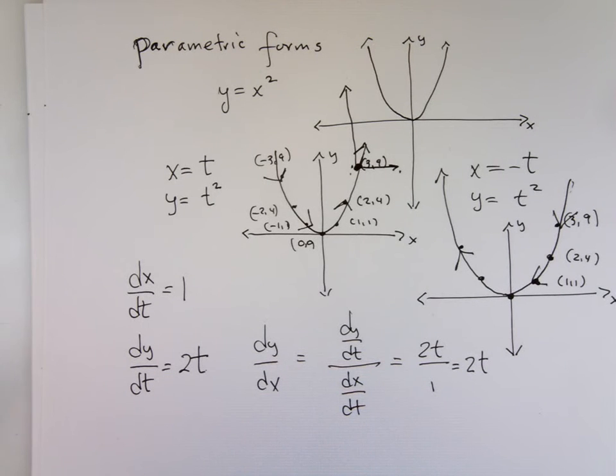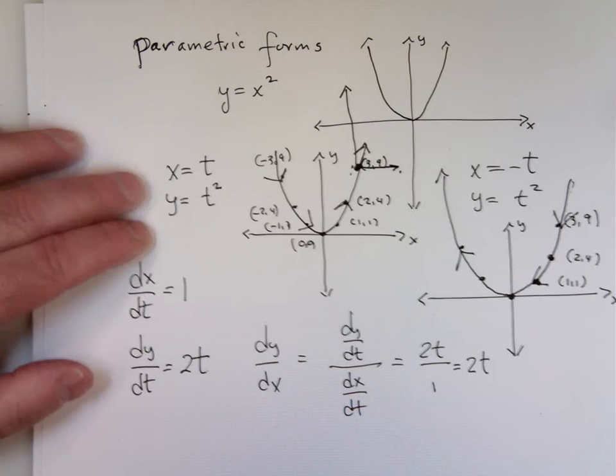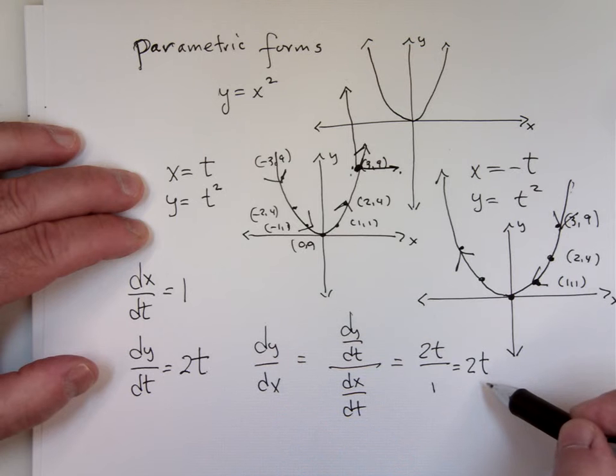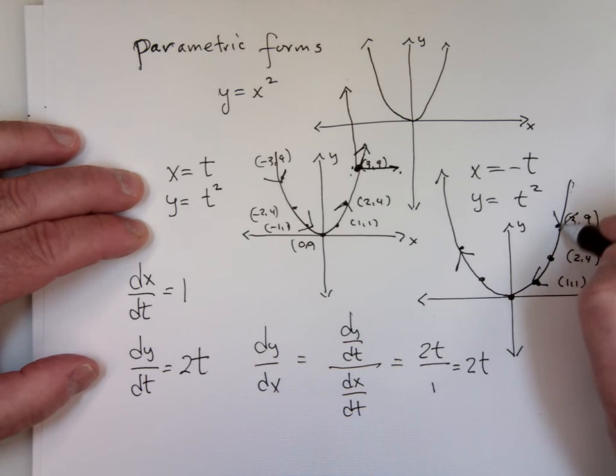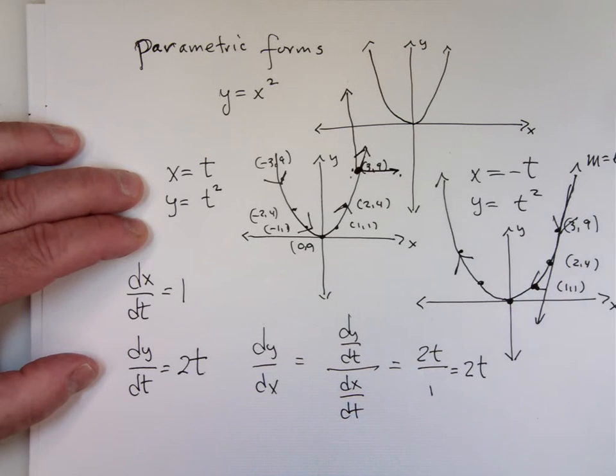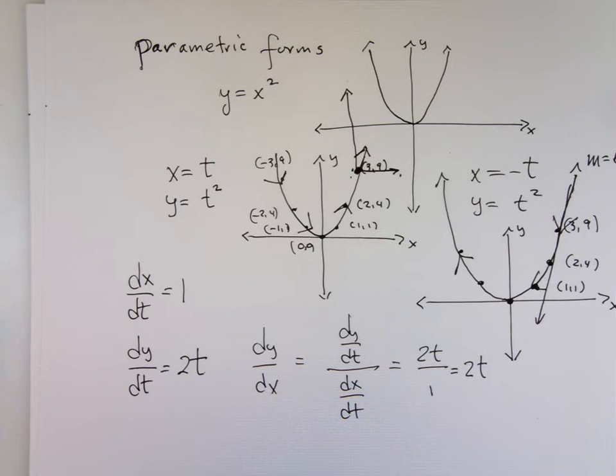So at a given value of t, let's say t equals 3, we have our point (3, 9), and the slope of the tangent line would be 6 at that point. That would be the slope of this tangent line. That's one way to do it. It works out pretty well.